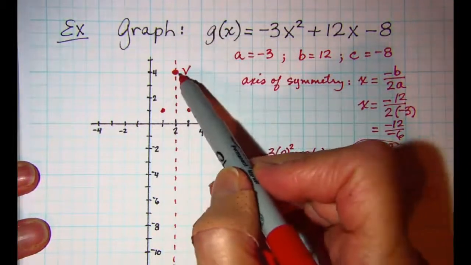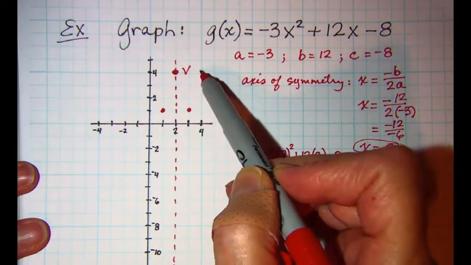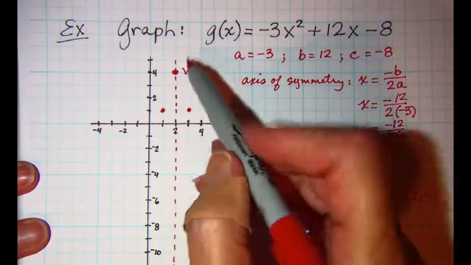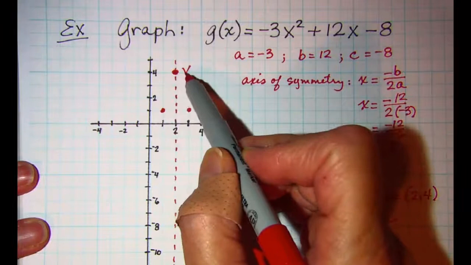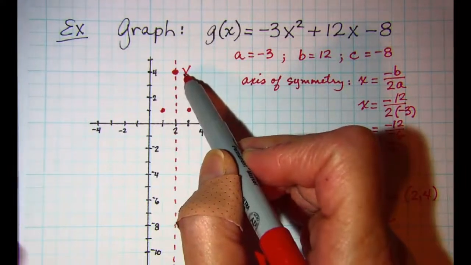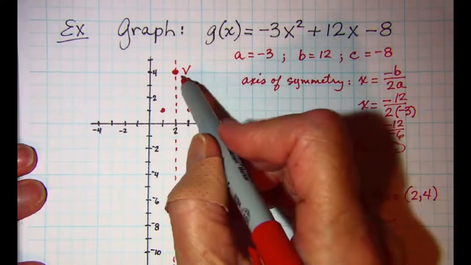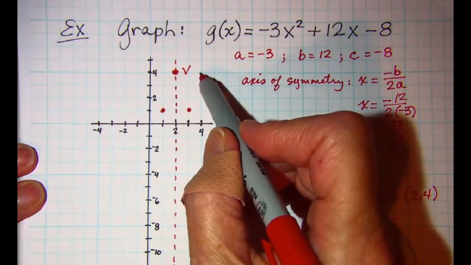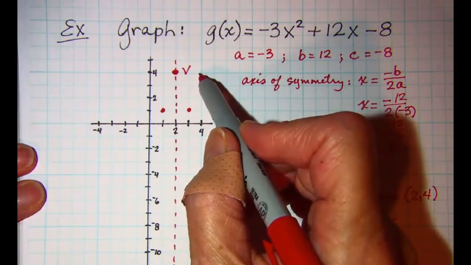Now normally if I went right 2, I would go up 4 because y equals x squared, 2 squared is 4. But I need to multiply that 4 by negative 3. So that means when I go right 2, I need to go down 12.